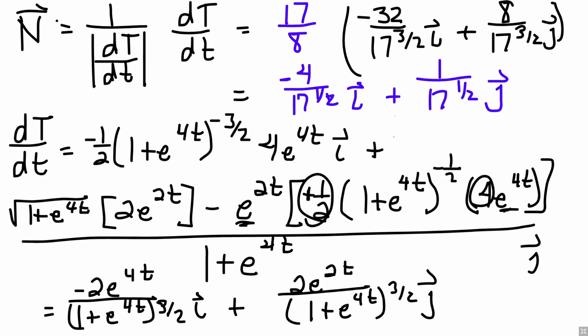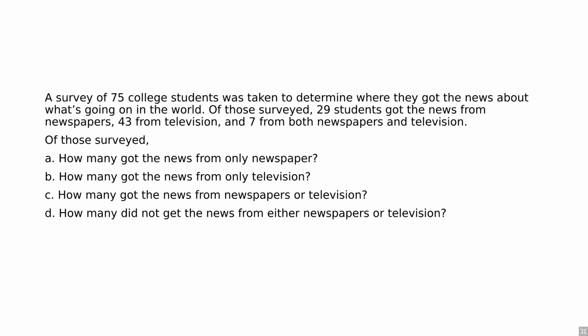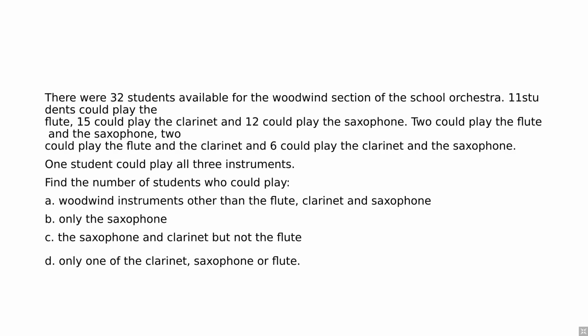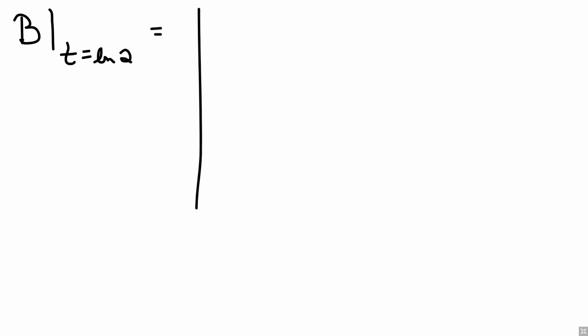Okay, so the next piece is going to be the binormal. For the binormal, again, we're going to look at it when t is equal to natural log of 2. It's going to be the cross product, so we're going to have our I, J, and K. We're going to take the unit tangent.